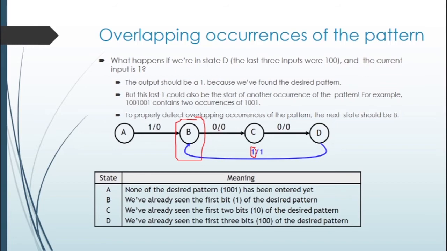From D it will go back to state B because there is a new pattern that can start from this one. So after D we are going back to state B if there is 1, and the output will become 1. These four transitions are basically when the sequence is going according to our plan.